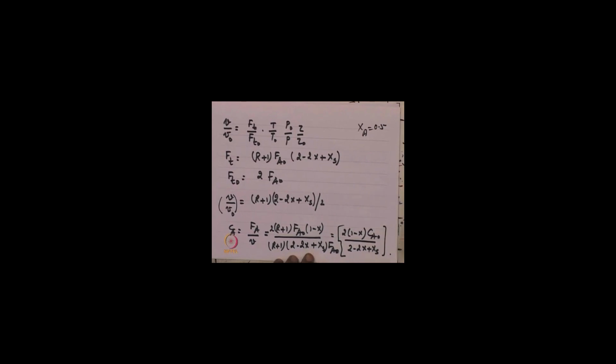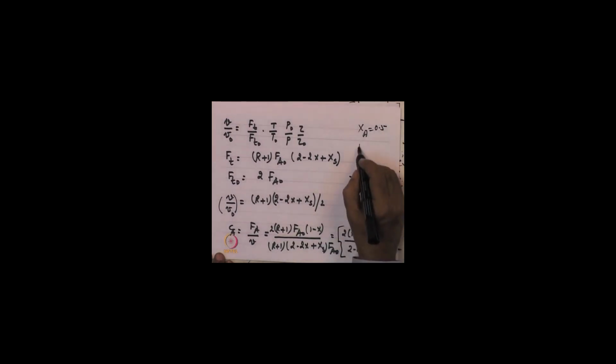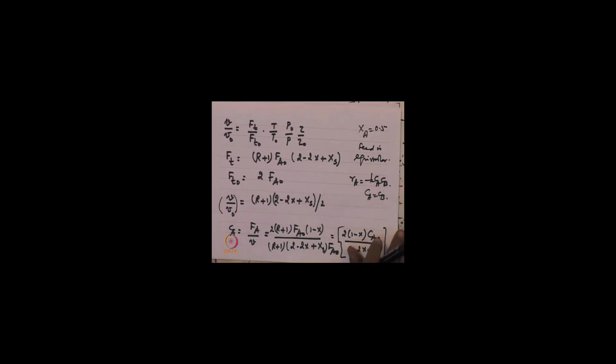If our rate expression is minus r A equals K C A C B, we can substitute for C A and C B, where C A equals C B because the feed is equimolar, and then integrate to find out the size of the equipment that is required.